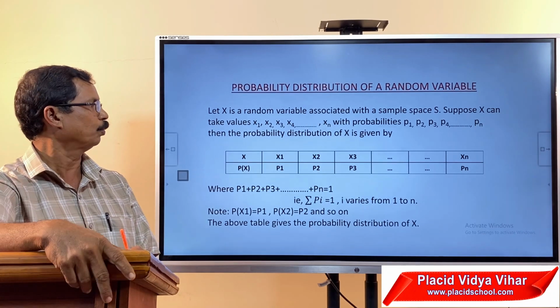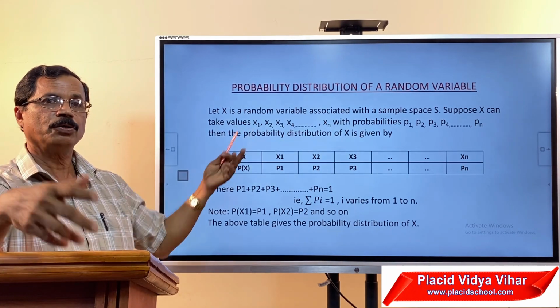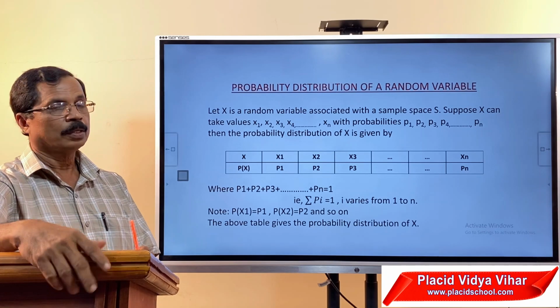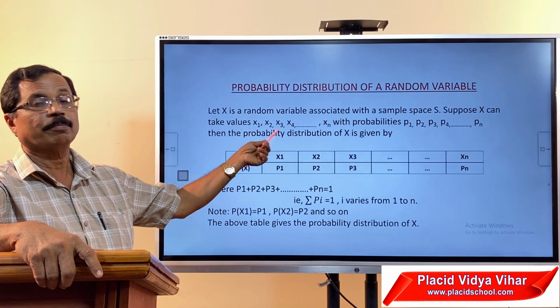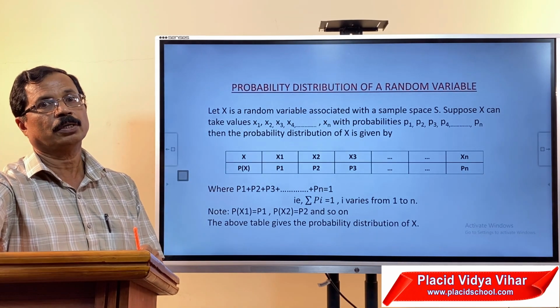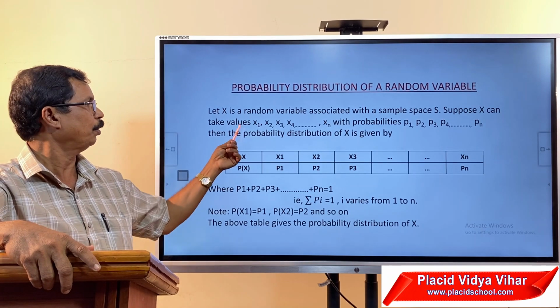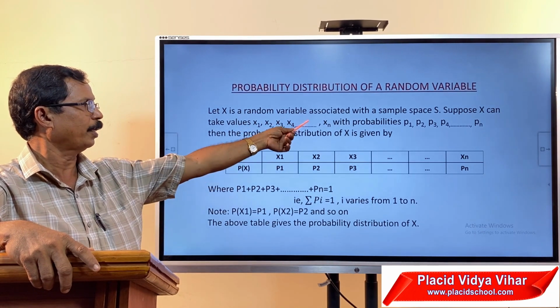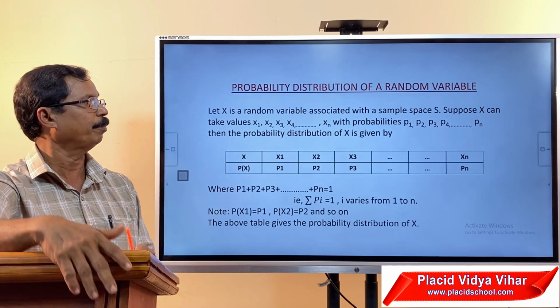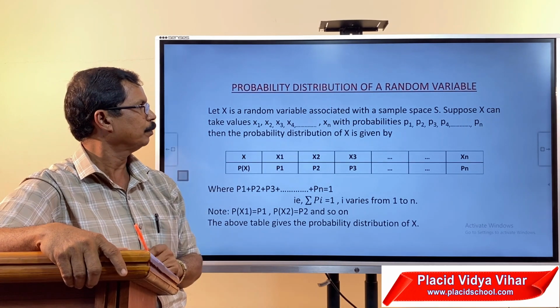Just like 0, 1, 2, 3. There may be n values. When the experiment changes, the number of heads or tails may change. So you can take x1, x2, x3, x4, etc., xn. These are the values that can be given to capital X.